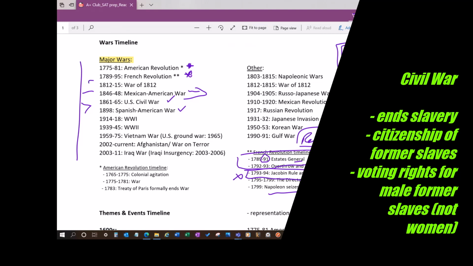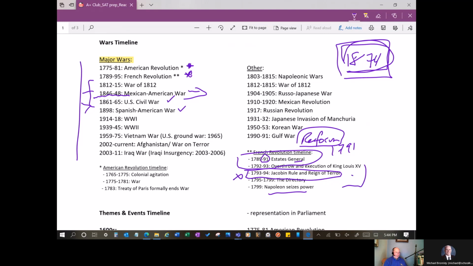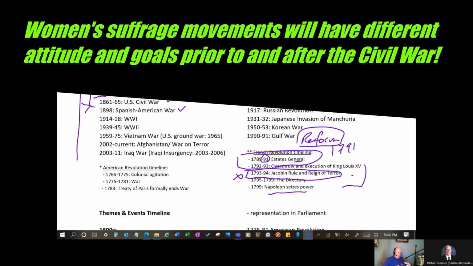So if you have a suffrage text or a women being involved in politics type text that is before the Civil War, it's generally going to be closely associated with a lot of the other reform movements of that time, such as emancipation, because it was all seen as an application of these ideals of equality, and therefore women fighting for and speaking for their rights in society was automatically aligned with the rights of the slaves and the evils of slavery.